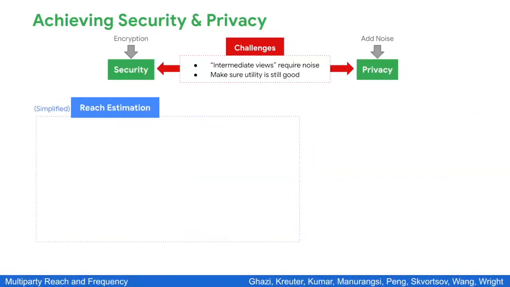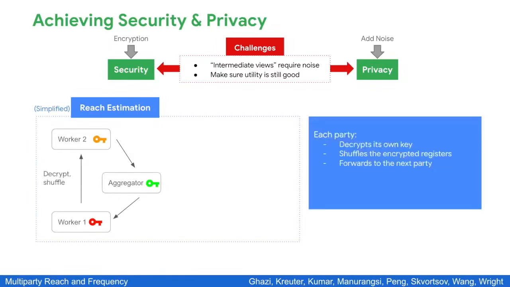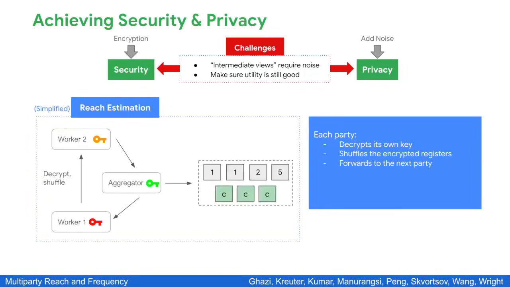So in the reach estimation phase, the workers and aggregator communicate in a cycle, and each party decrypts its own key from the encrypted registers, and then shuffles all the registers and forwards them to the next party. Once this is done, we are left with a set of indices.